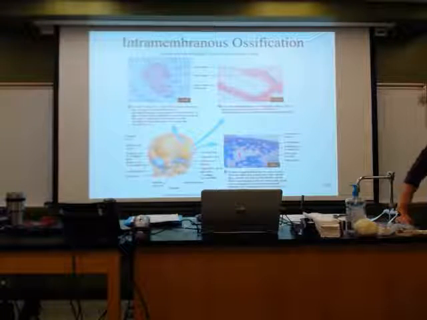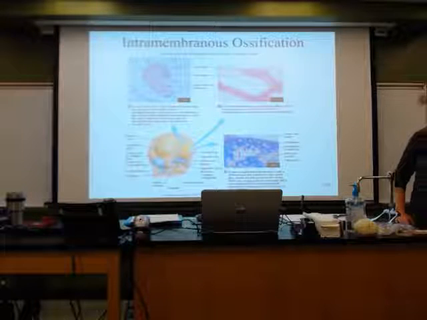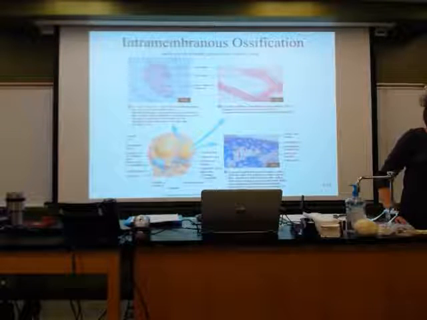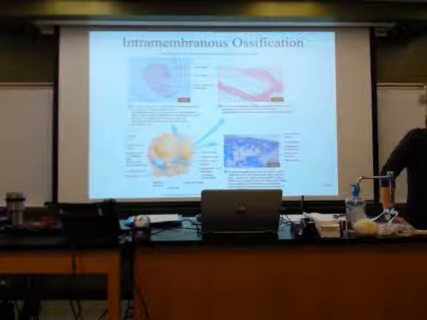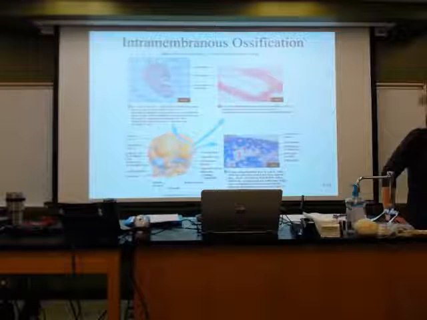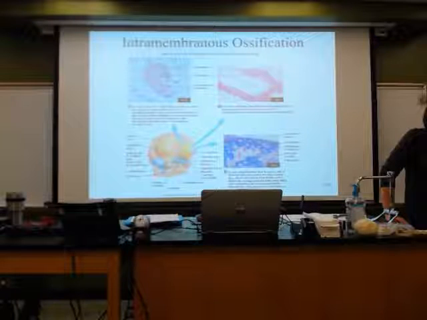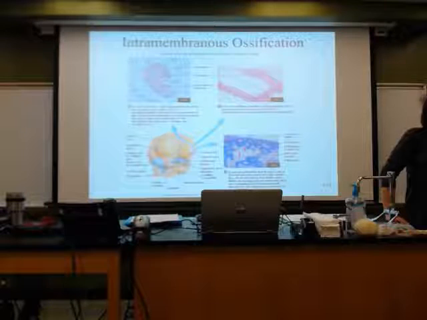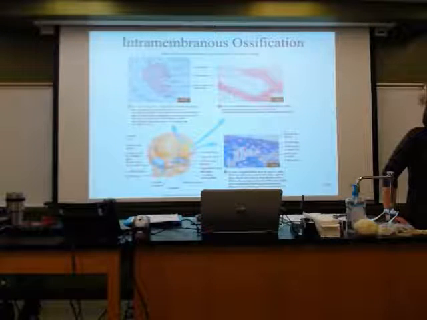How am I going to take that membranous area and then make it become something that's going to be hardened? What cells are going to be present, or what cells can get the chemicals to make this take place?